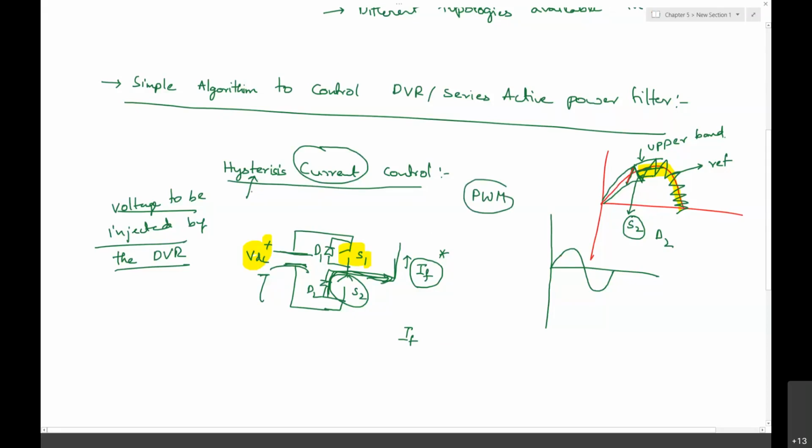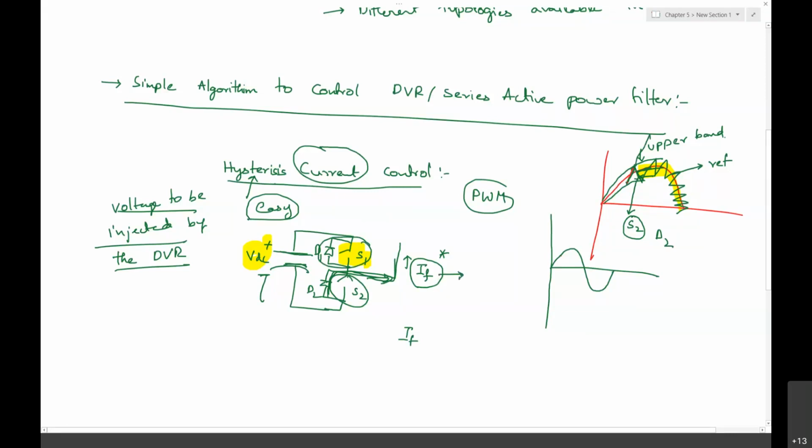The advantage is that it is a very easy control, and it also has self protection of the IGBT. Why? Because when you are operating in the current control technique, we can't let the current overshoot. We cannot increase the current more than the specified current value, or the specified reference current.